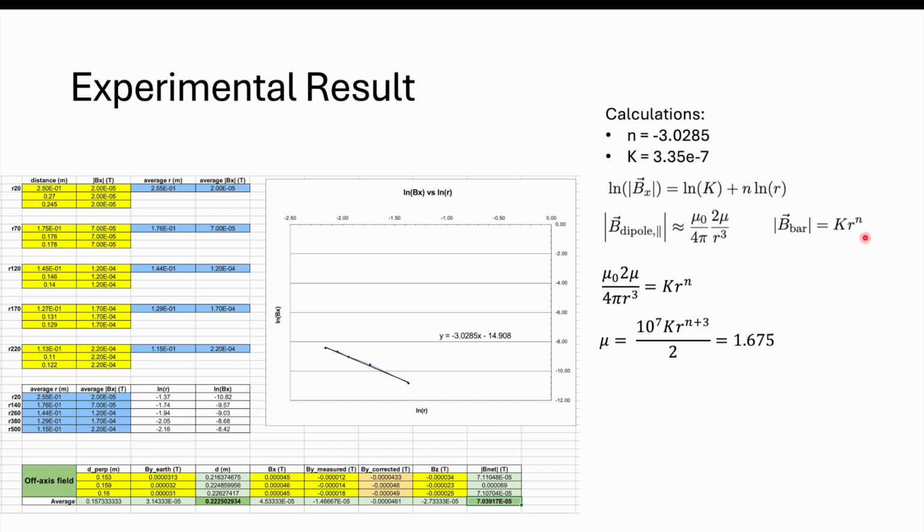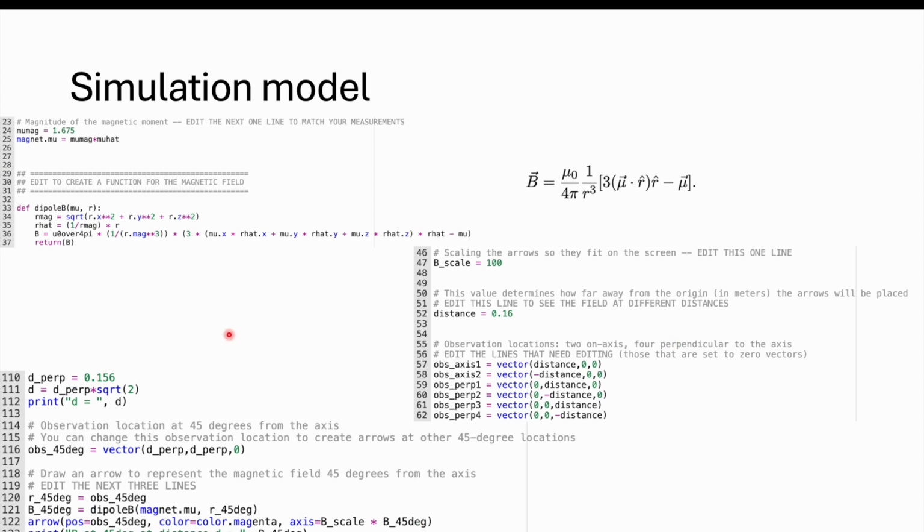So from these two equations, we can solve for mu, the magnetic dipole, which is 1.675. So in the simulation model, we can see here that we plug in this dipole, and here we find this equation that I previously talked about that can find the magnetic field.